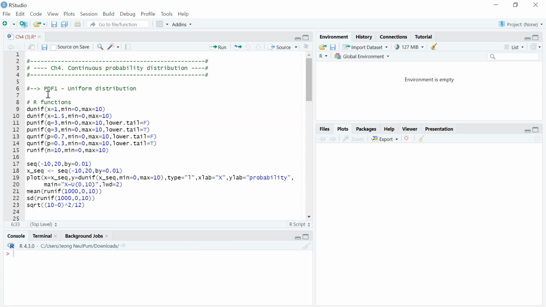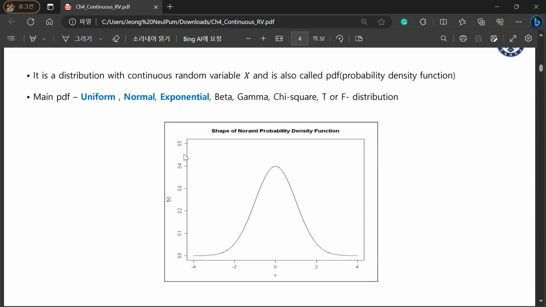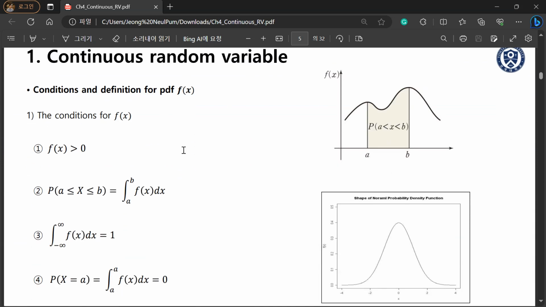And as you can see, we are dealing with three kinds of R functions for the three distributions, as I already mentioned. So it is not that different from what we did last week when we dealt with the discrete random variables.